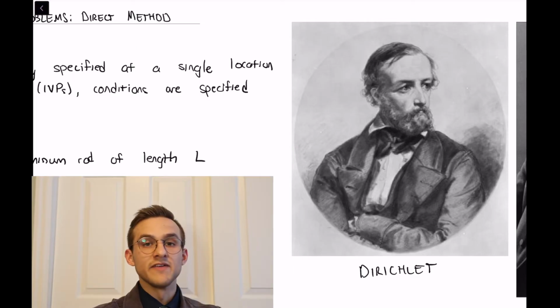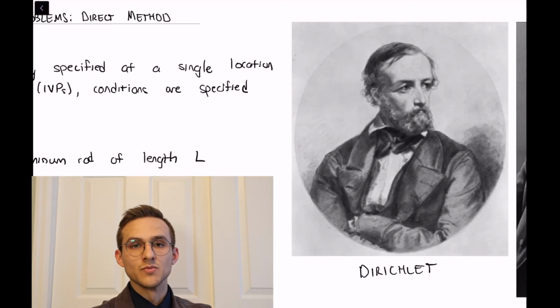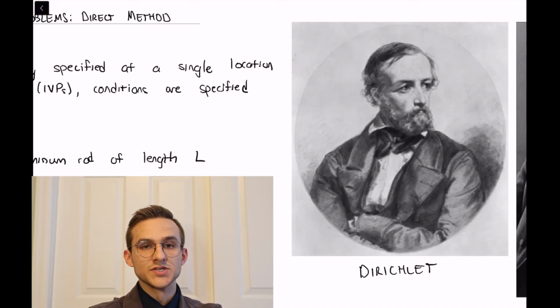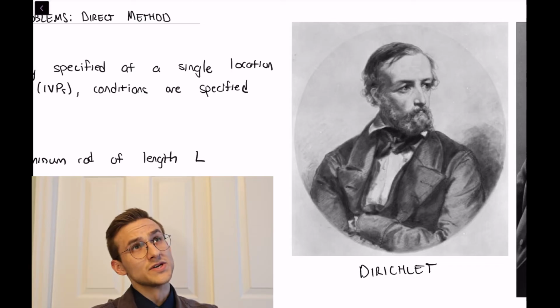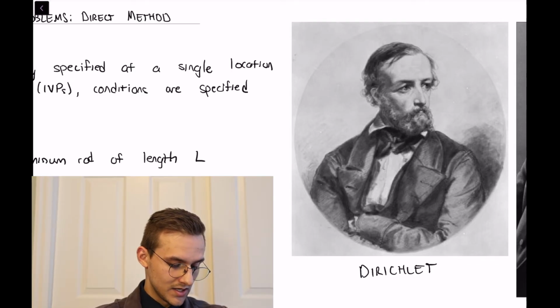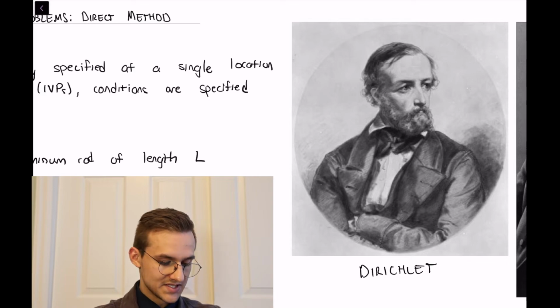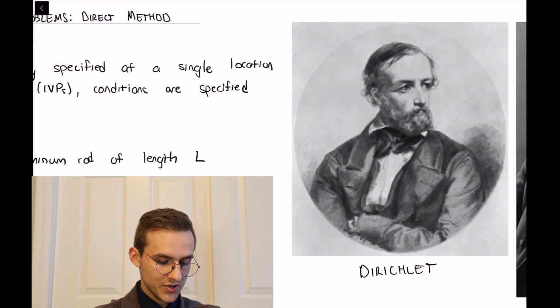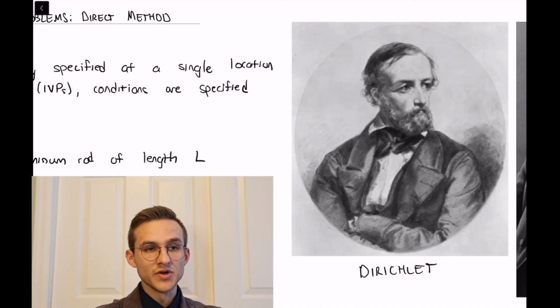And there was a lot of fanfare about this, and he got to meet Fourier and Poisson while he was in France. He's actually a German mathematician, despite his French name. At least I think Dirichlet is a French name, but regardless, while he was in Paris, he was influenced by Fourier and Poisson, and he did most of his work in number theory, but he eventually worked on partial differential equations.